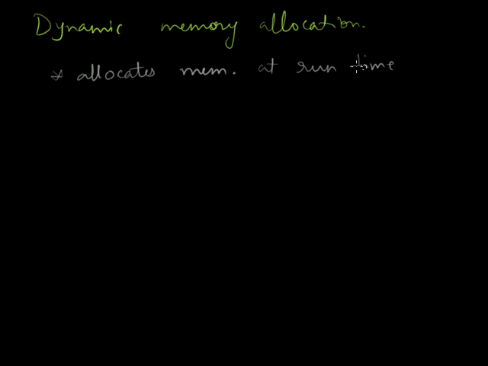Runtime means while the program is being executed, while it is running, based on some instructions, it reserves some space. So you have your function main and other statements here. You declare your variables and other statements, and in between, if you try to allocate memory here, then it is called dynamic.